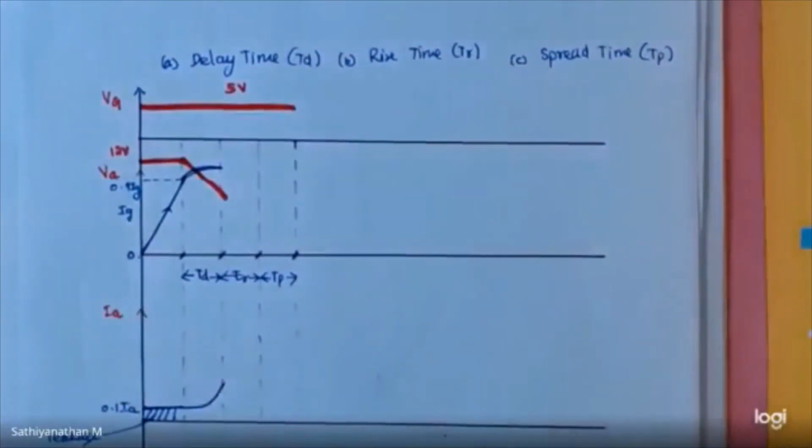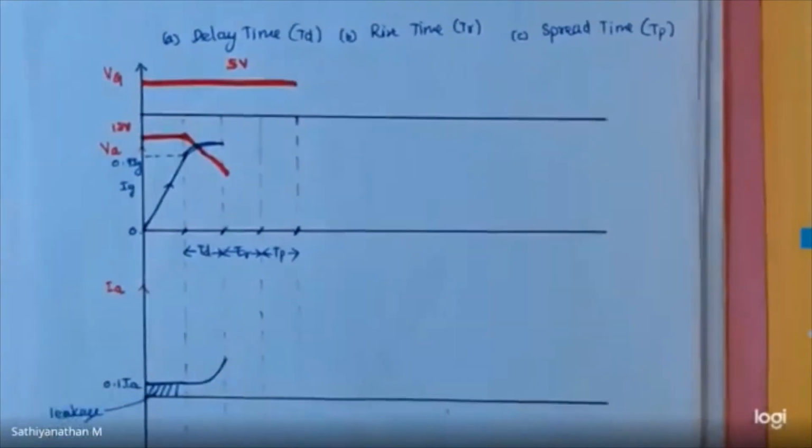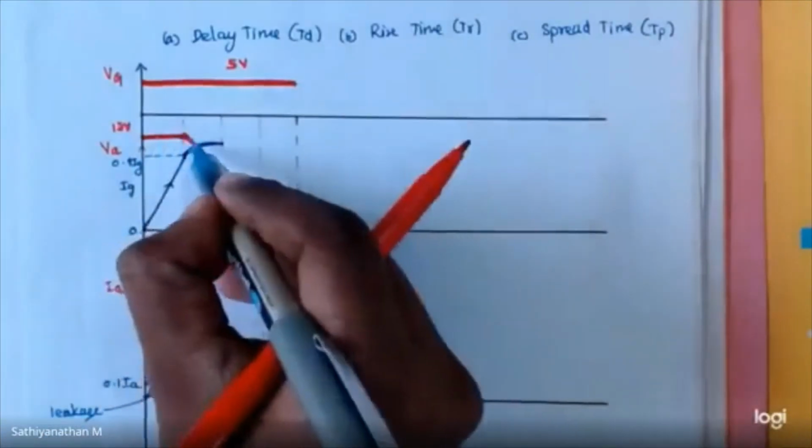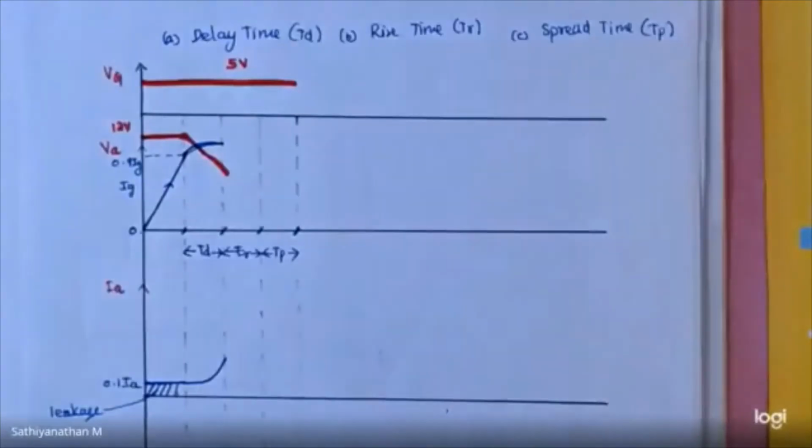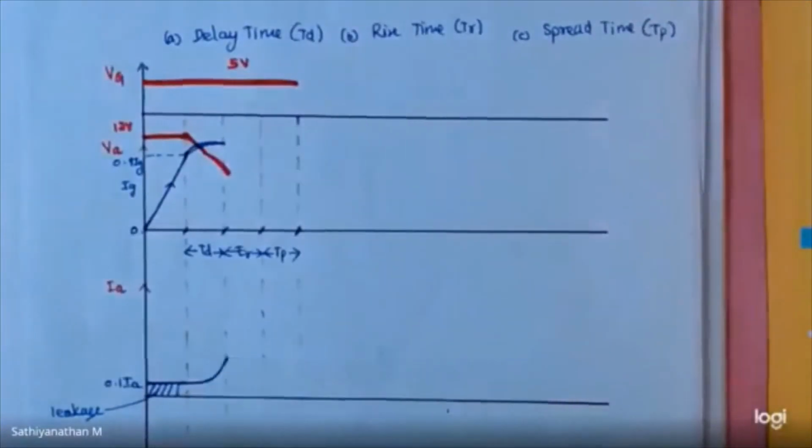Now we need to define what is delay time, what is rise time, what is spread over time. Okay. So if you look at this graph, the red color line defines the anode voltage, and this blue color line defines the anode current.